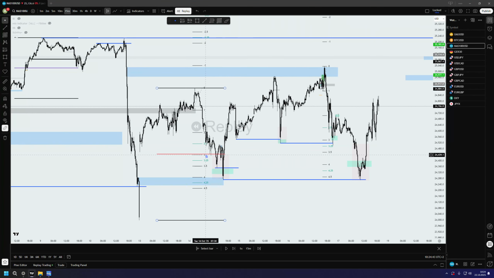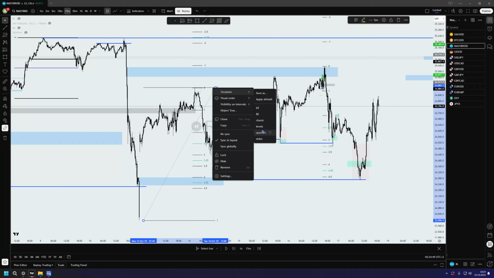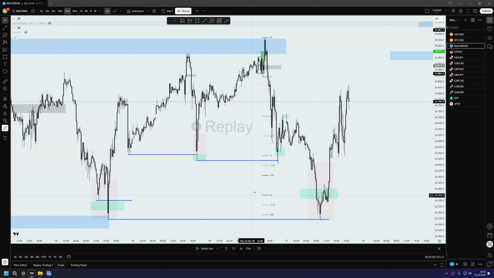And then if we delete this, if we want to be even more precise, we can measure the OTE, and then we have these crazy entries every single time, even without levels, PD arrays, however you want to call it.